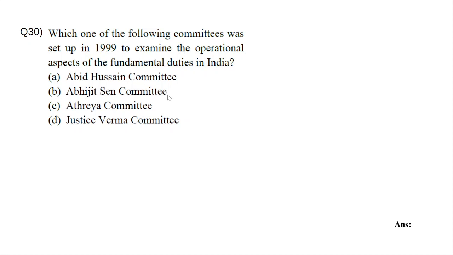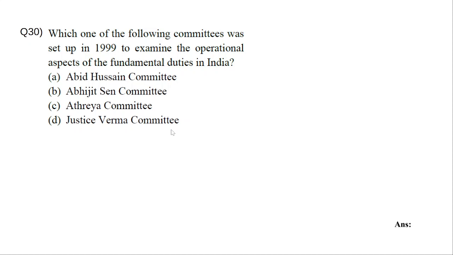You need not remember so much. Just remember that the Abid Hussain Committee is related to small scale industries, and the Abhijit Sen Committee is related to agriculture.